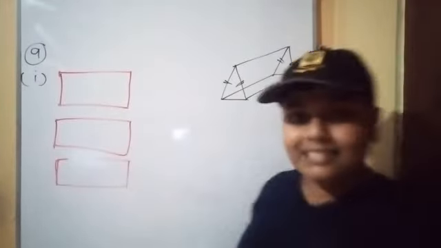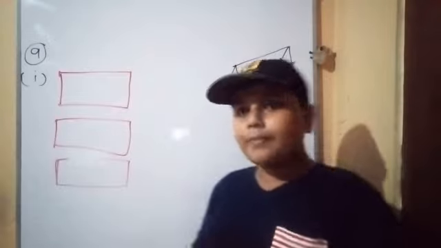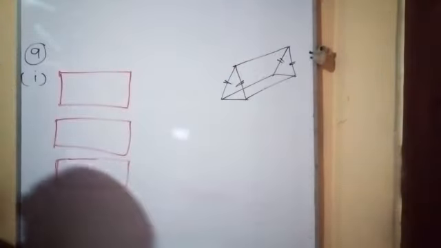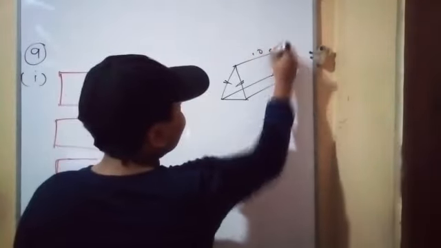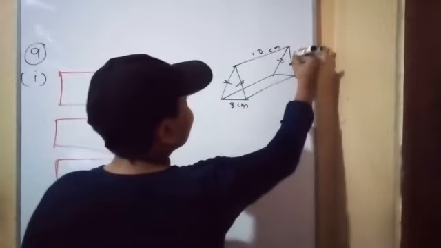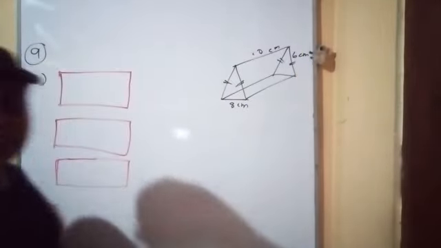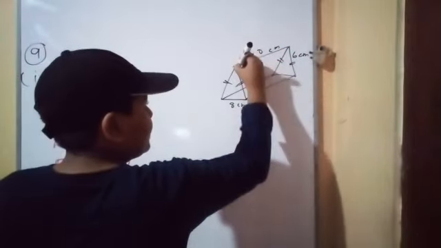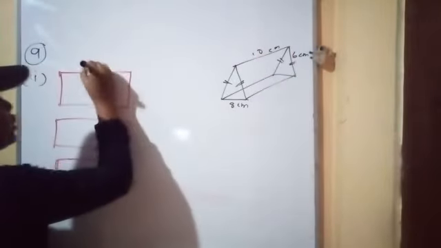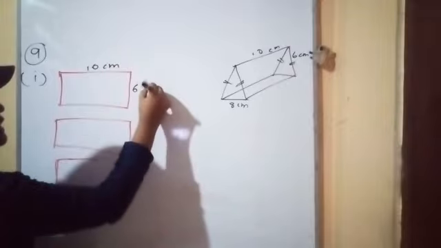Now you can name them. You know they gave 10 centimeter, 8 centimeter and 6 centimeter. This rectangle is 10 by 6, so 10 centimeter by 6 centimeter.